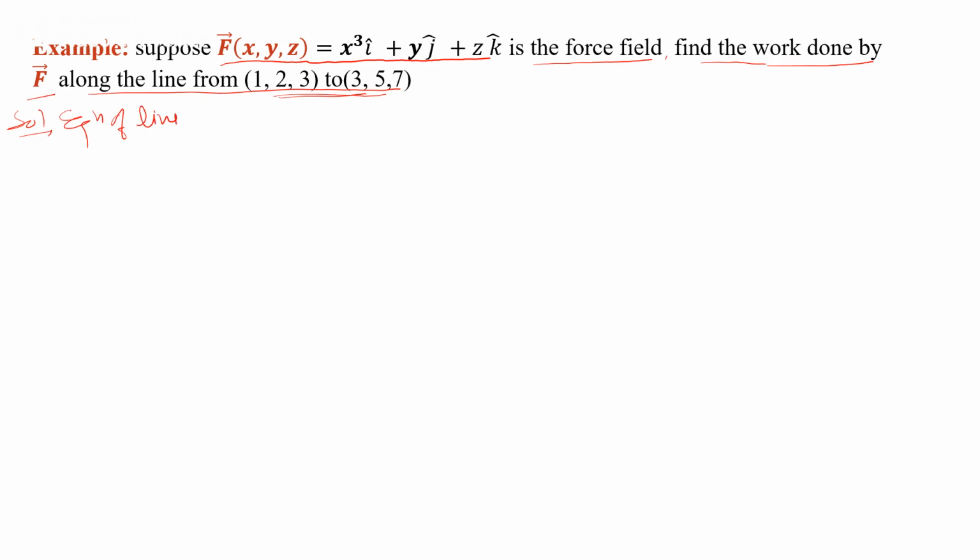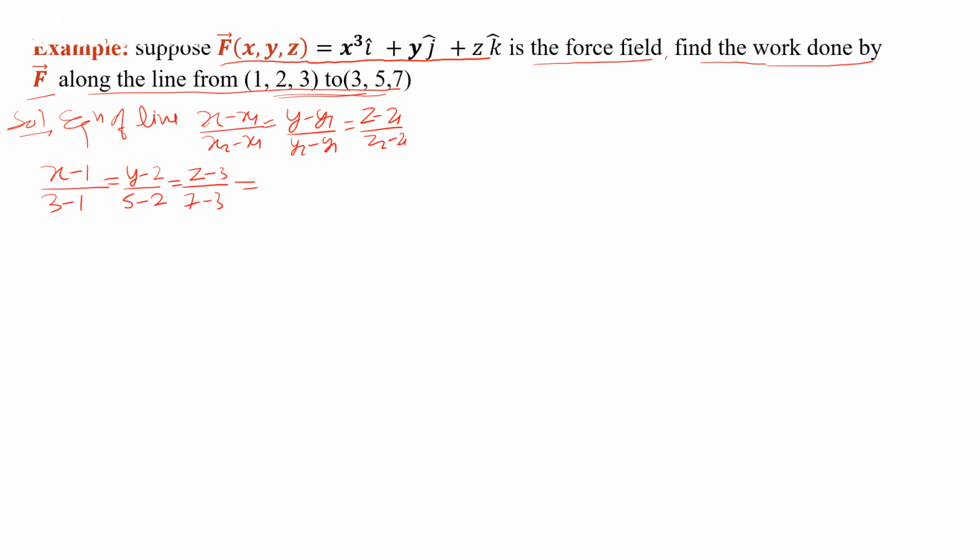If you remember, (x minus x1) upon (x2 minus x1), (y minus y1) upon (y2 minus y1), and (z minus z1) upon (z2 minus z1). So the equation of line, we get (x minus 1) upon (3 minus 1), (y minus 2) upon (5 minus 2), (z minus 3) upon (7 minus 3).